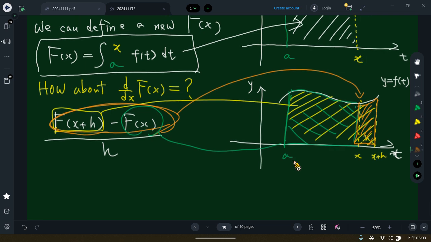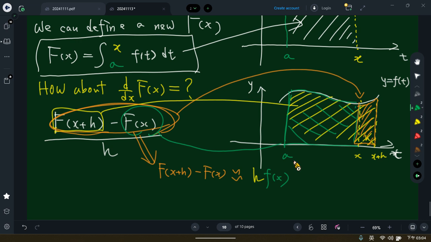But when we just talk about this part, f of x plus h minus f of x, it is almost the same as h times f of x. How do I say that? Here is h, right? If the h is small enough, h is just a very small, very thin rectangle.